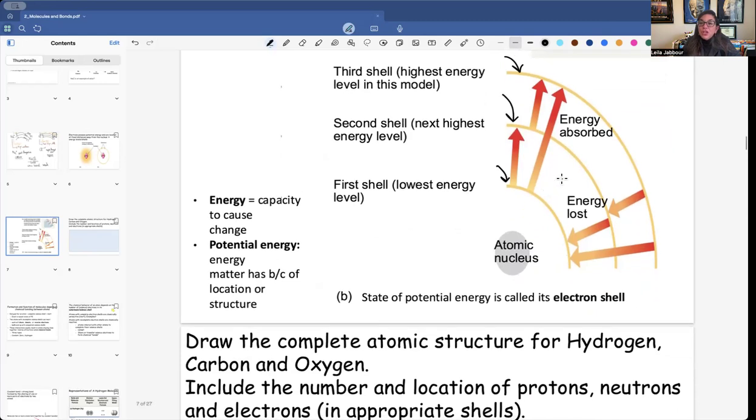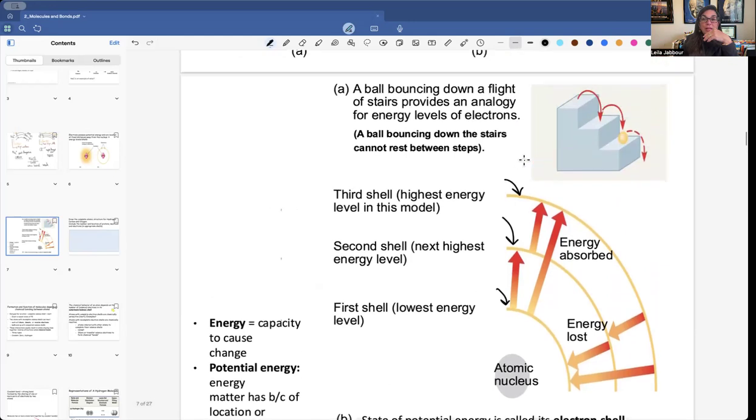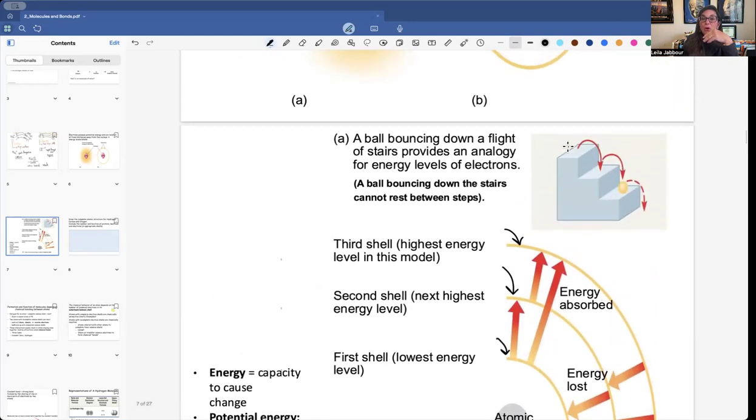So these different shells are basically different states of potential energy. In every shell, the electrons have energy in them. And the higher up the shell is, the more energy that electron has. It's like if you drop a ball from the height of 10 stairs, it's really going to bounce down quite a bit.